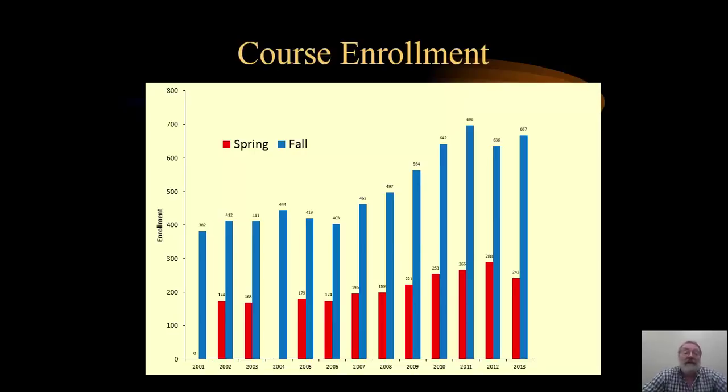Here's a bar chart of how the course enrollment has grown. I started attending SENCER meetings in 2001, and you can see that the course has grown fairly steadily since then. We've had it sort of plateau in the last few years, but it's generally been a very popular course.